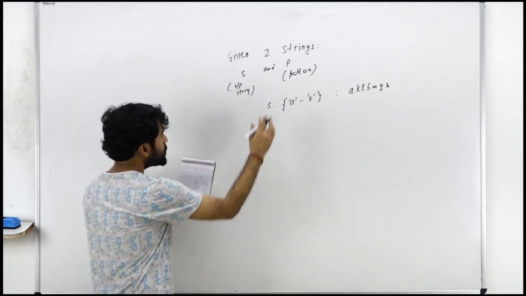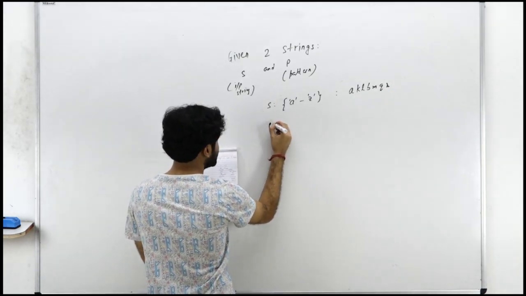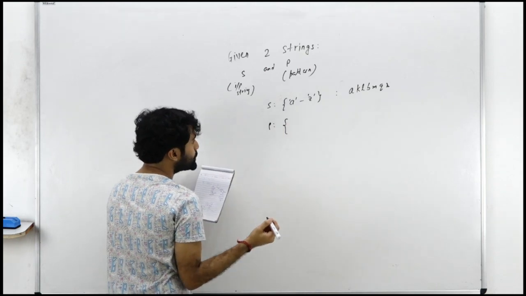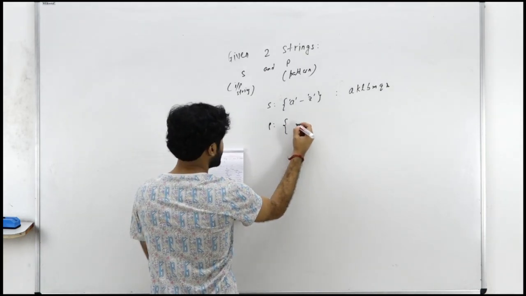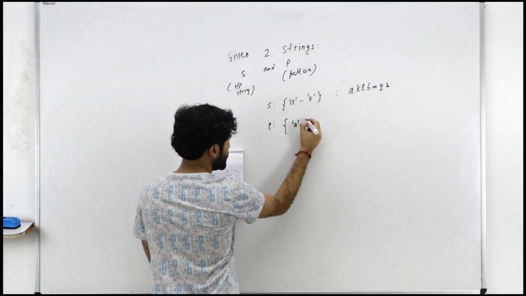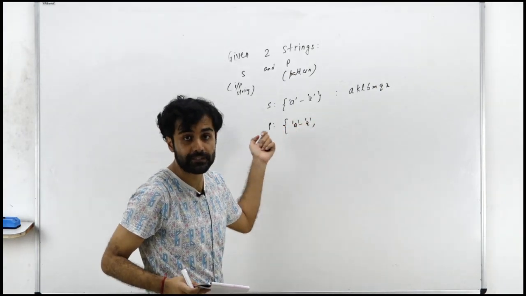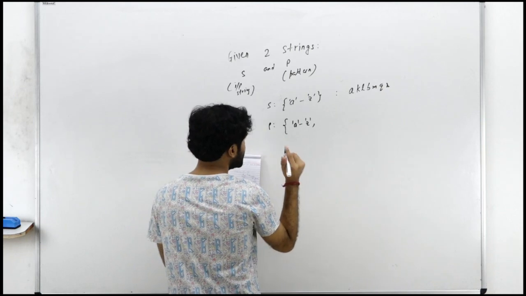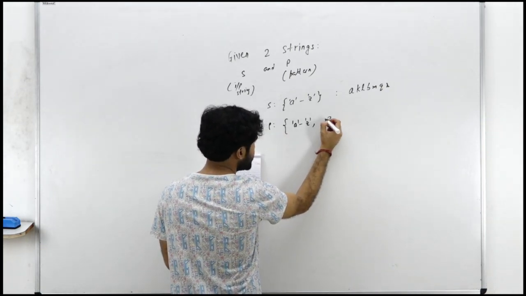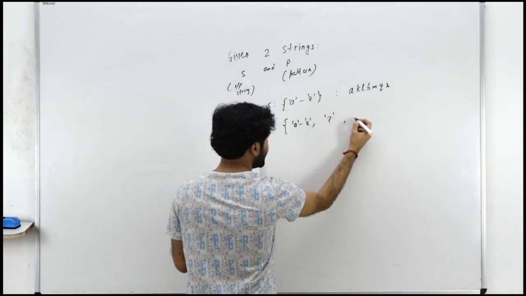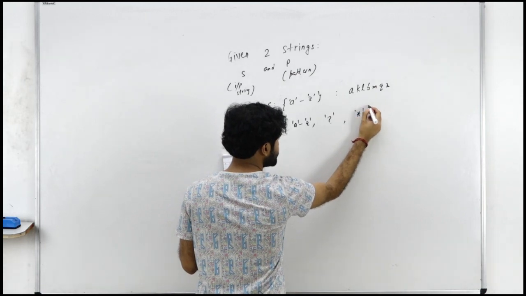Okay. Now let's talk about P. So P is a pattern and it can be composed of any character from A to Z. Okay. So anything from A to Z is allowed as a character of pattern P. Apart from that, a character can also be this question mark, and a character can also be a star.